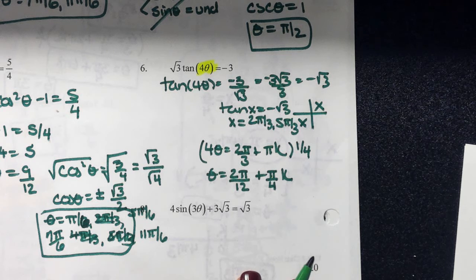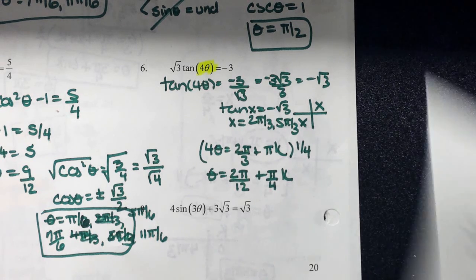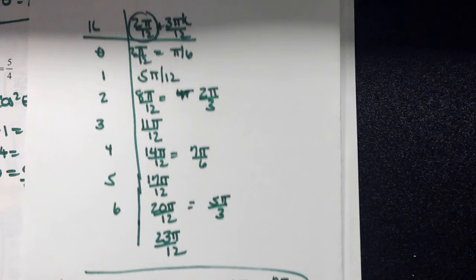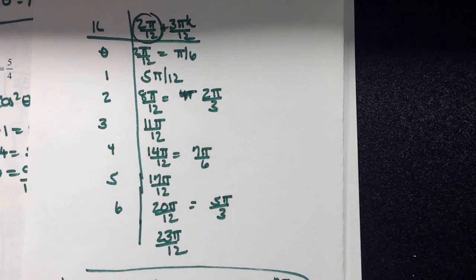Okay? So that's where the 2 pi over 12 came from. Right? Any other questions? Okay. So any other questions on this one? Okay.